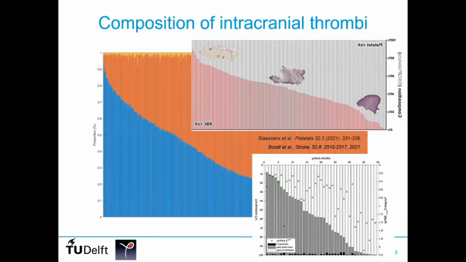The oldest one, I think, is data from 15 years ago, this one from 5 years ago, and this one from last year, so over time this seems to be a very consistent pattern for the intracranial thrombi. And here again, by the group of Stefan de Meijer, there are also some examples of histology confirming that these cross-sections are pretty heterogeneous.